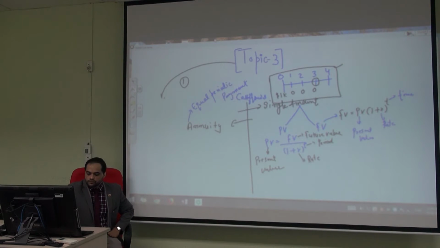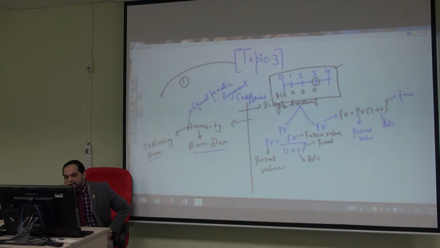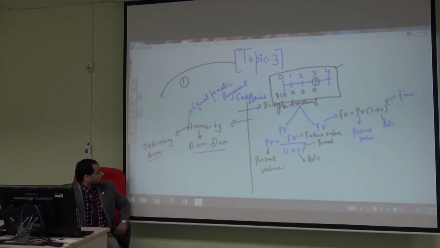Alright? So we have ordinary annuity, and we have annuity due. Alright? Now here, what is the difference between ordinary annuity and annuity due?